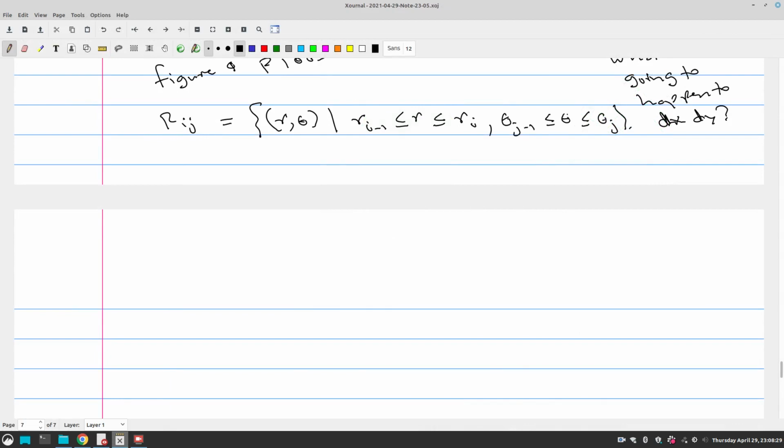Before that, we defined two points. We defined the center of the subrectangle.